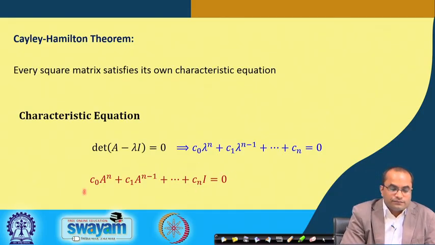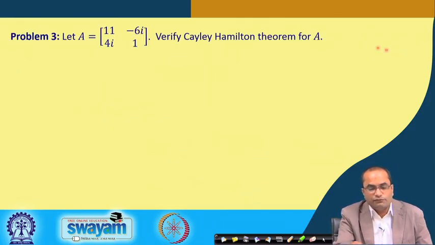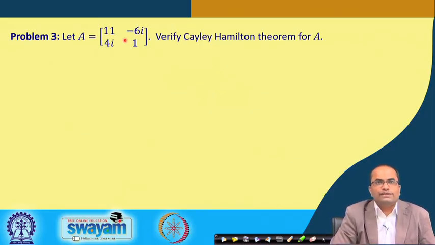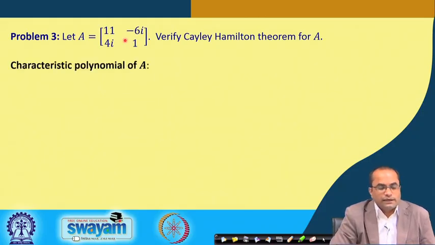So that is the result of the Cayley-Hamilton theorem, which we can verify, for instance, for this very simple example, which we have taken: 11, minus 6 I, 4 I and 1. We will verify this with the Cayley-Hamilton theorem.